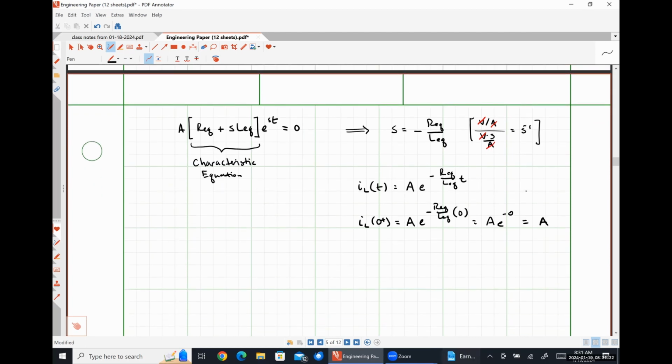So generically, we know that IL of t will be IL at 0+ e to the negative Req over Leq times time. I'm going to put a box around this.